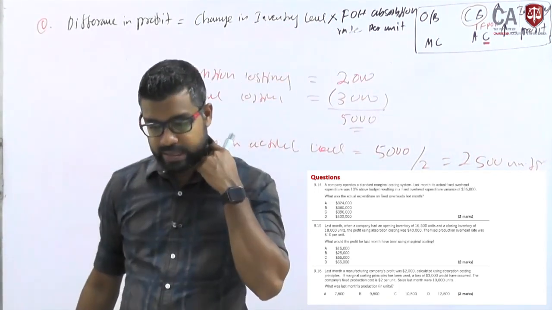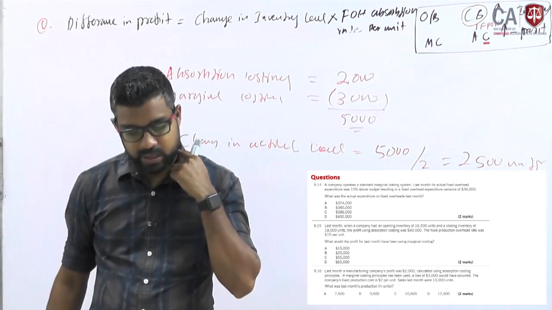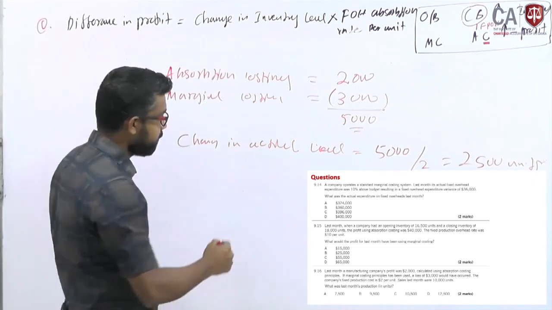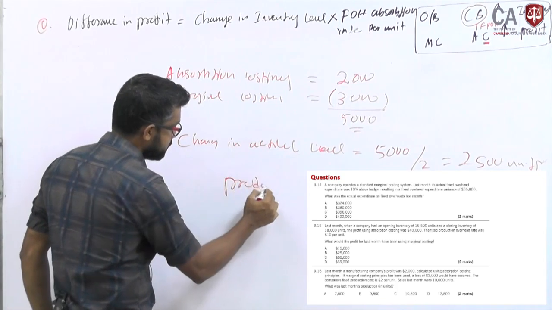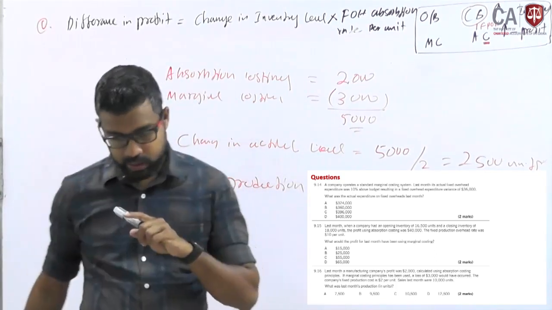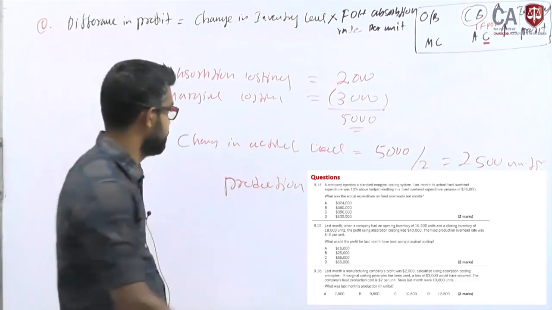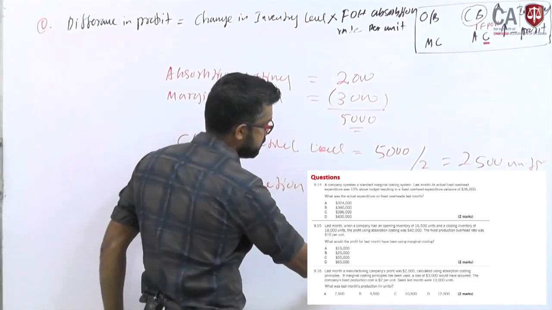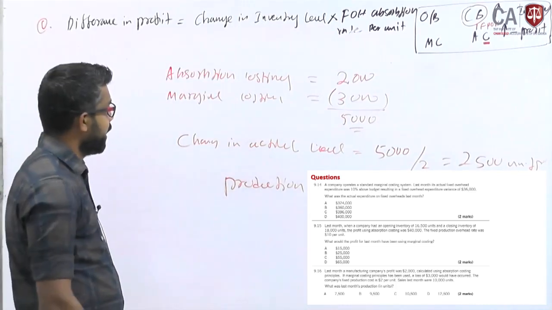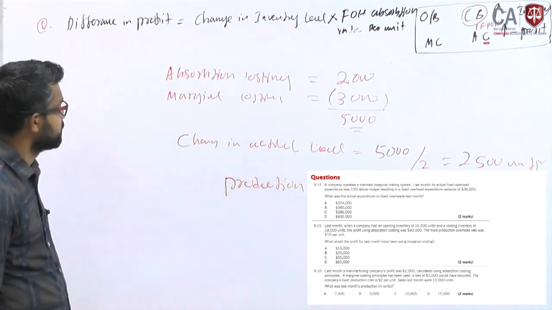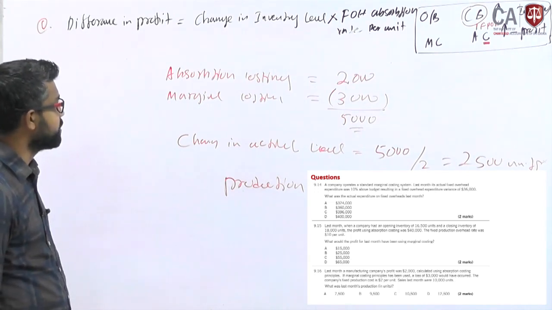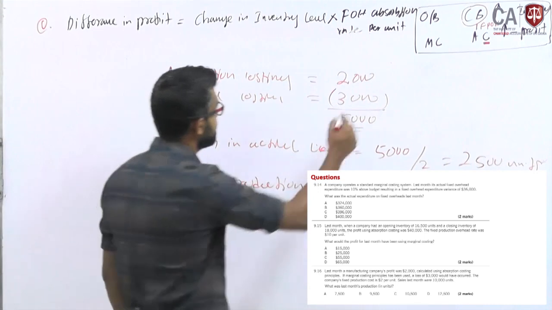What is the last month production? How do you calculate production? You have sold 10,000. Now what has happened? Marginal costing profit should have been reduced, which means the closing balance should have been increased.